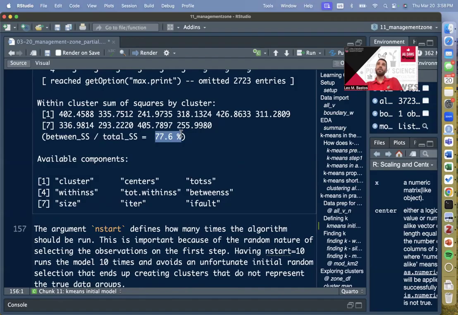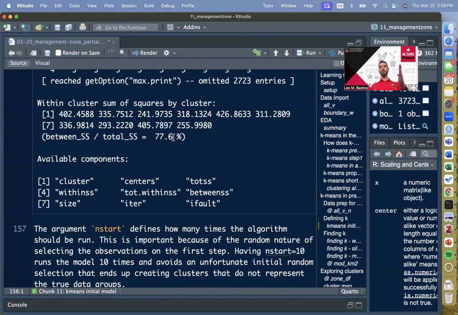But the problem is, the more clusters you have, the more variability you're going to explain. If you think about it, the 2 extremes here is k equals 1, meaning that everything is 1 cluster. There's no difference between clusters. So k equals 1 is the minimum, and the maximum is the number of observations, where each observation is its own cluster, which is also not helpful, right?